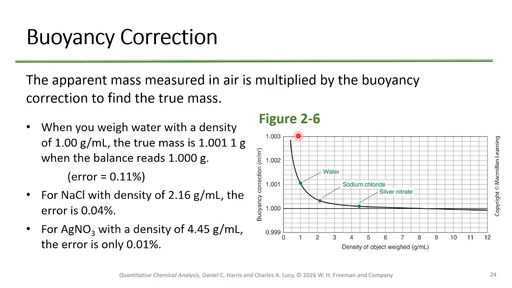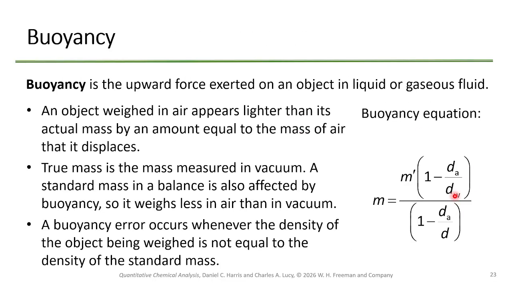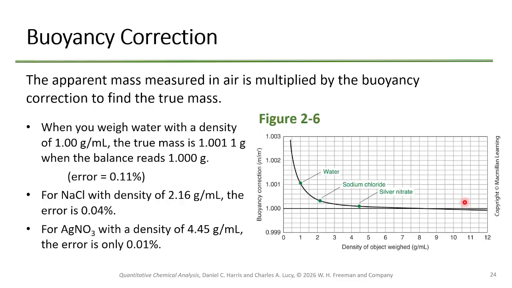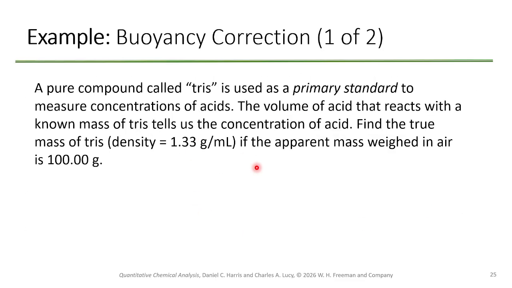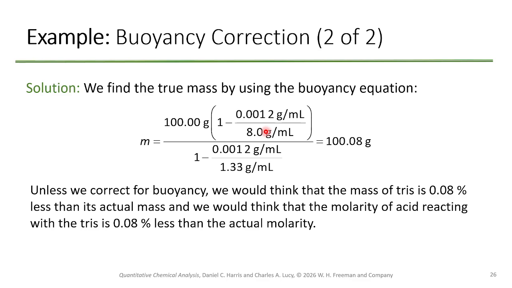That's having to do with this number up here, right there. And that's the weighing standard within the balance, 8 grams per milliliter density. This right here is, again, the air, and this is versus our sample. And that's the term on the bottom. If you ever forget which is which, by the way, this one here, the lighter it is, the larger this number, right?